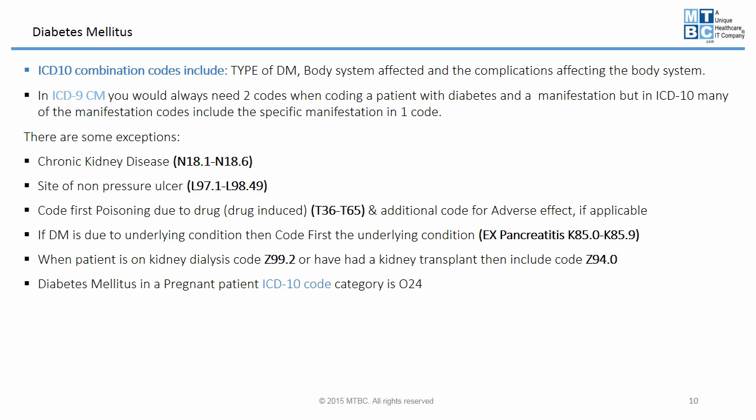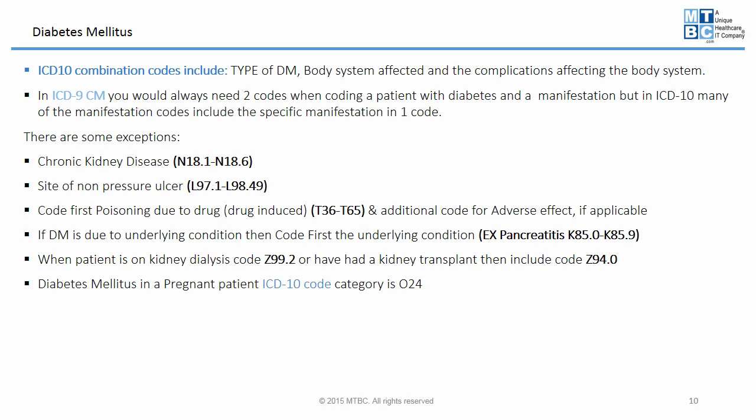Say that the Humira caused the diabetes, even though I can't remember off the top of my head if that's a medication that does. But if it's what caused the diabetes, then you would use the T36, you would use the diabetic code second, and then any additional codes after the diabetes of what is the adverse effect to the patient. What did it do, okay?